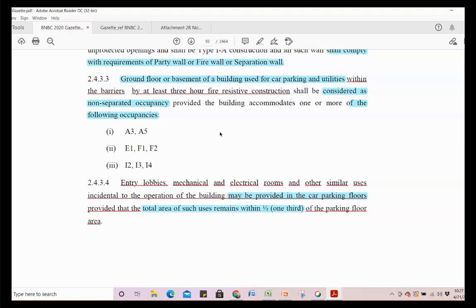From yesterday's presentation, we already know about non-separated occupancy. So it can be created simultaneously in the same building where the main occupancy is located if it is separated by 3 hour fire resistive construction. So the barrier will be 3 hours fire resistive constructions.